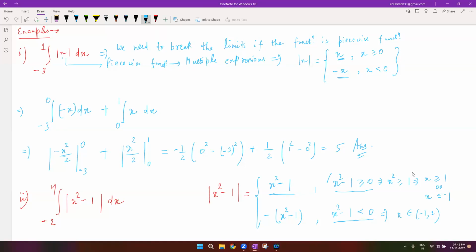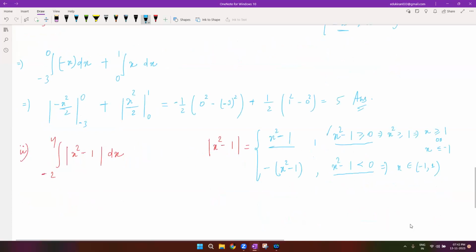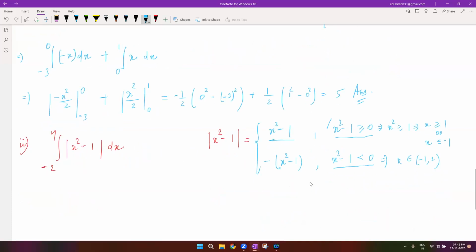And for that, we have tried to calculate the values of x. Now I know where to break the limits. How? See, for x less than or equal to minus 1, the value of the function is x square minus 1. For the values of x from minus 1 to 1, the function is minus times x square minus 1.